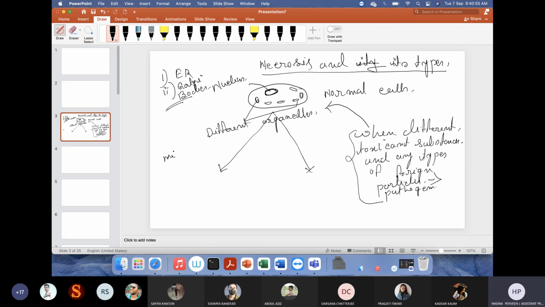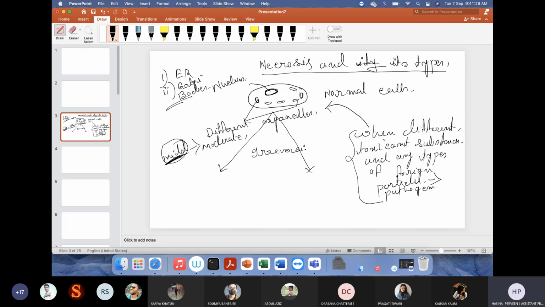This is mild to moderate. When the stress condition is mild, that means this is a reversible cell, that means it goes back to the normal cell. And when the stress condition moves to moderate to severe, the cells do not go back to normal. That means this is an irreversible cell.